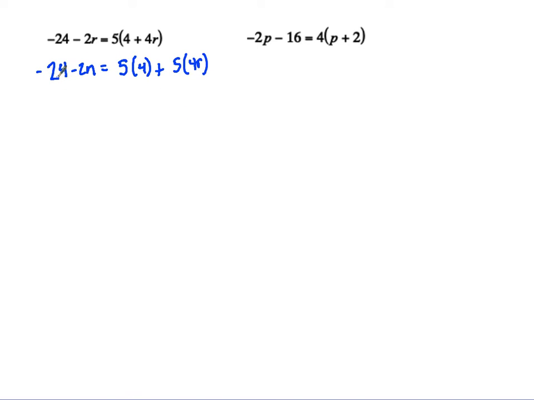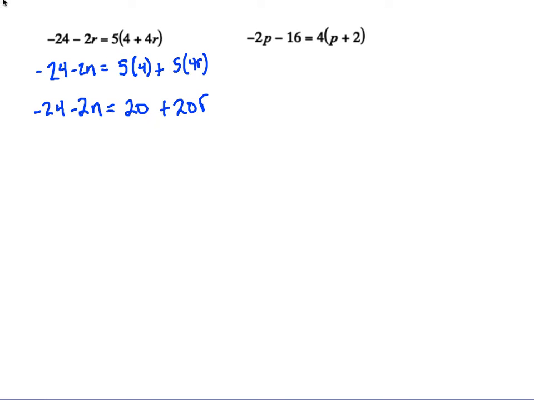So negative 24 minus 2r equals 20 plus 20r. So now I can start solving. So look at the two variable terms. Would I rather add 2r or subtract 20r?